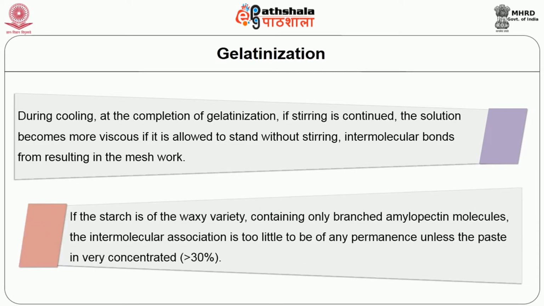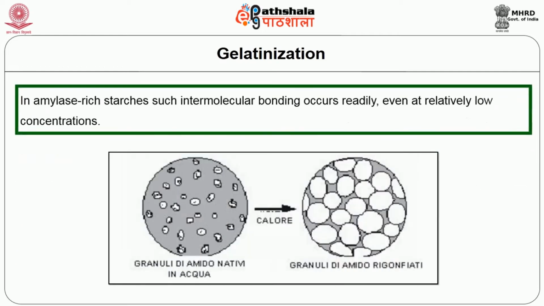If the starch is one of the waxy variety containing only branched amylopectin molecules, the intermolecular association is too little to be of any permanence unless the paste is very concentrated, that is more than 30%. In amylose-rich starches, such intermolecular bonding occurs readily even at relatively lower concentrations.